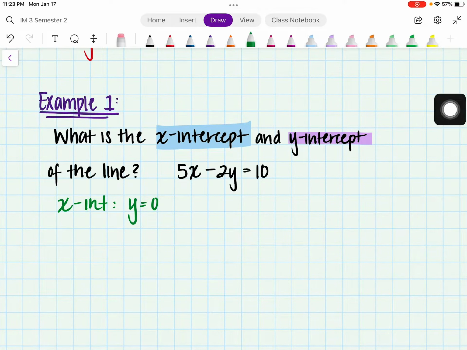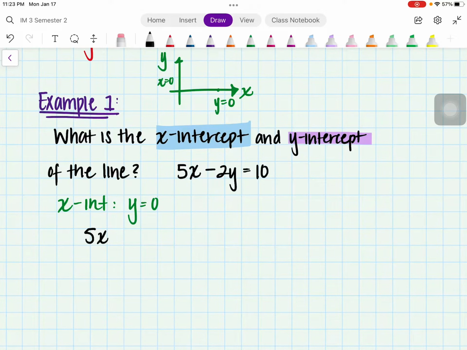If you were to graph this, your X-intercept is going to be on the x-axis, and at any point on the x-axis, y is always equal to 0, as well as any point on the y-axis, x is always equal to 0.